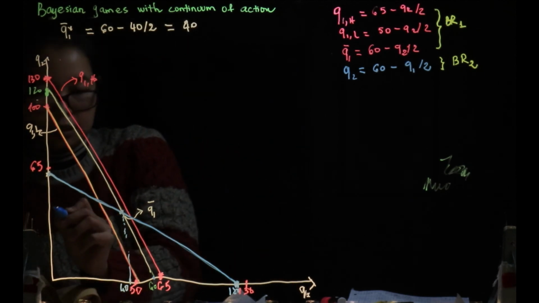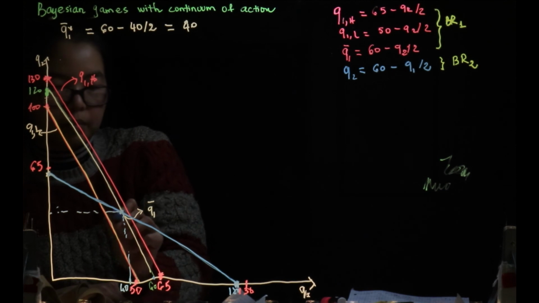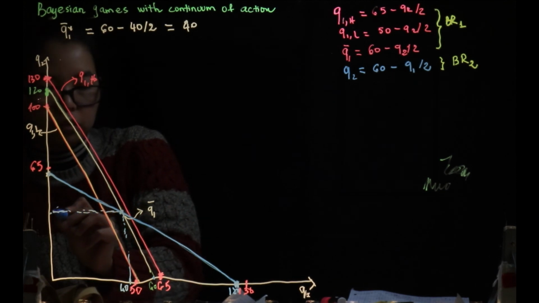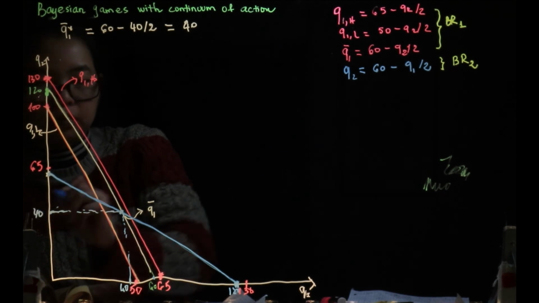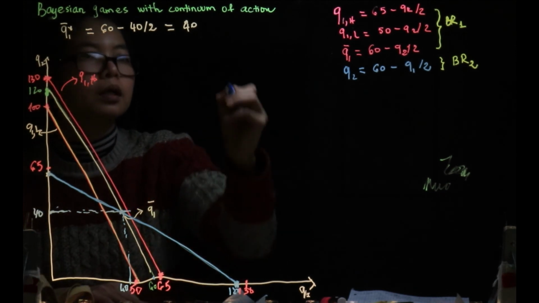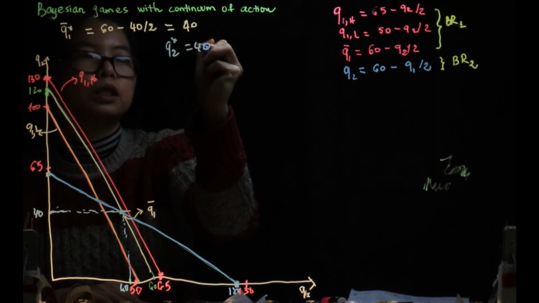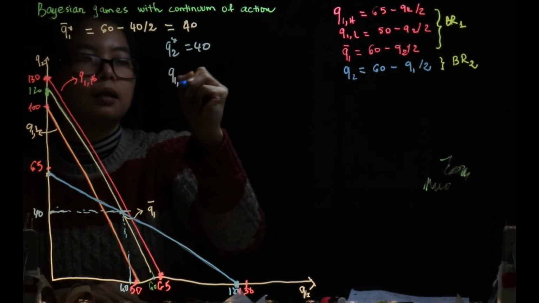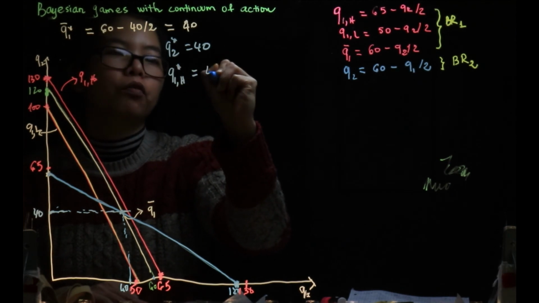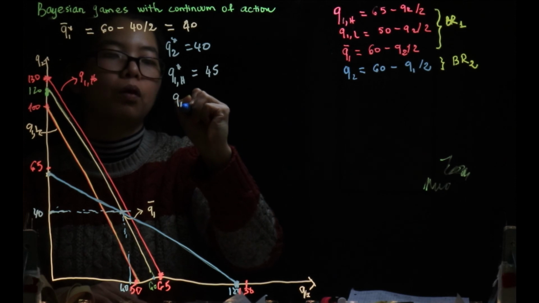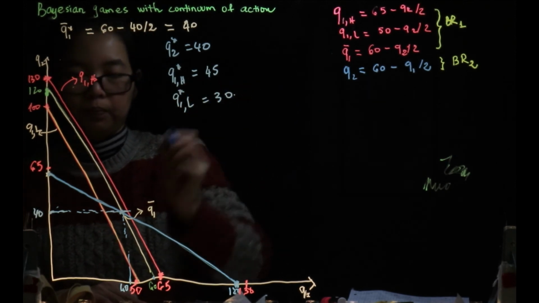That's already a success. And the best response would cross Q2 at 40. Remember we saw for Q2, Q2 star equals 40, right? Q1 high star is 45 and Q1 low star is 30.